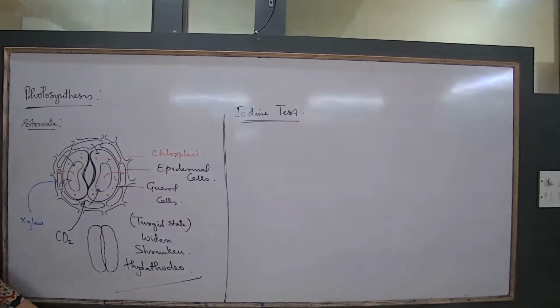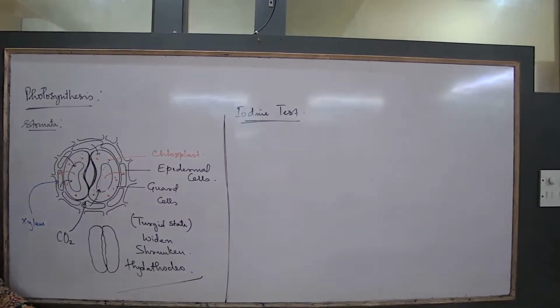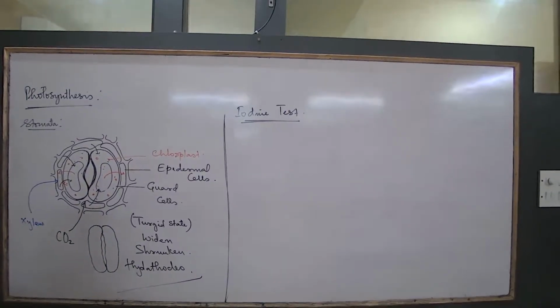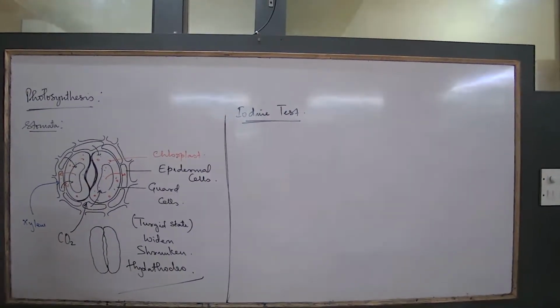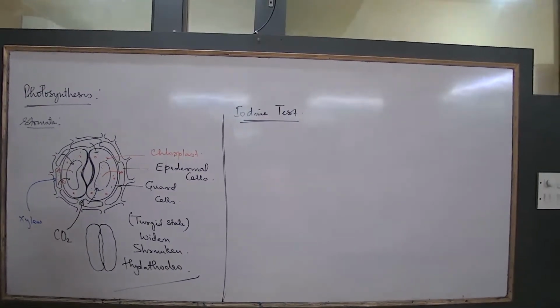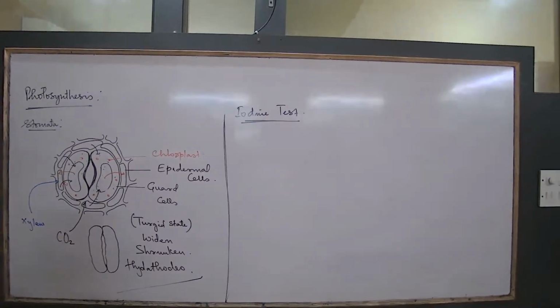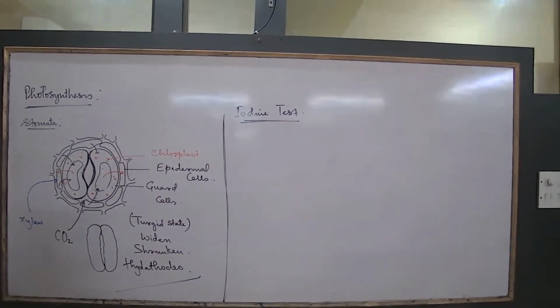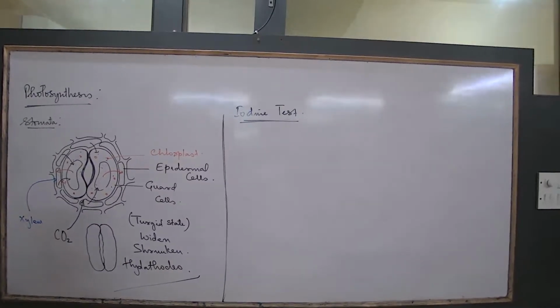So iodine test was a concept of de-starching. What were the steps? 4 steps याद रखना है. First step है de-starching. De-starching क्यों करते हैं? So that whatever amount of starch is stored in the plant that has to be used up. De-starching कब तक करते हैं? 2 to 3 days.